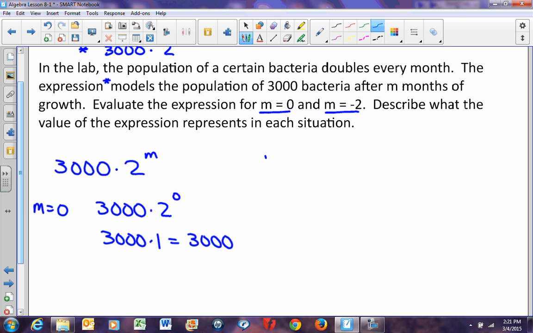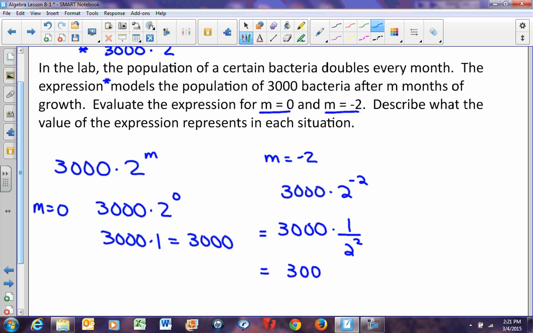For m equaling negative 2, I'm going to have 3,000 times 2 to the negative 2nd power, which means 3,000 times 1 over 2 squared, which is 3,000 divided by 4. 3,000 divided by 4 is 750.